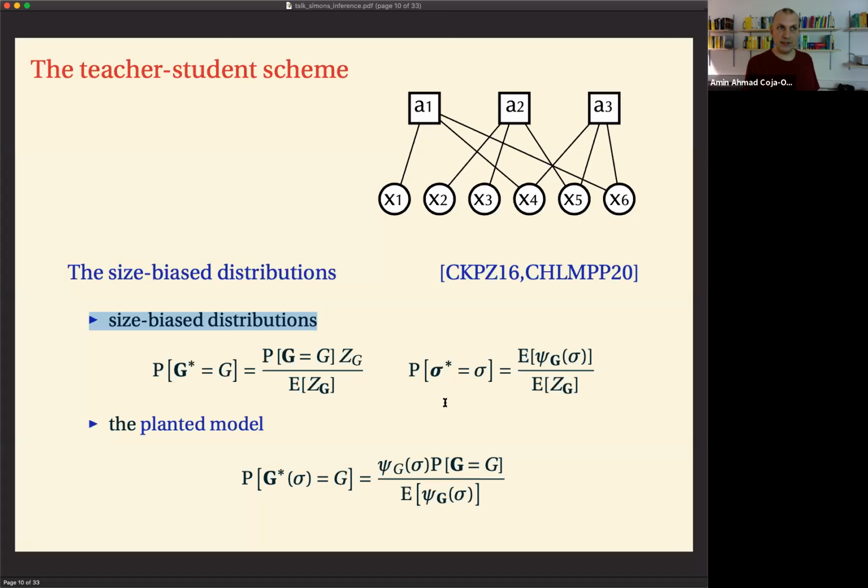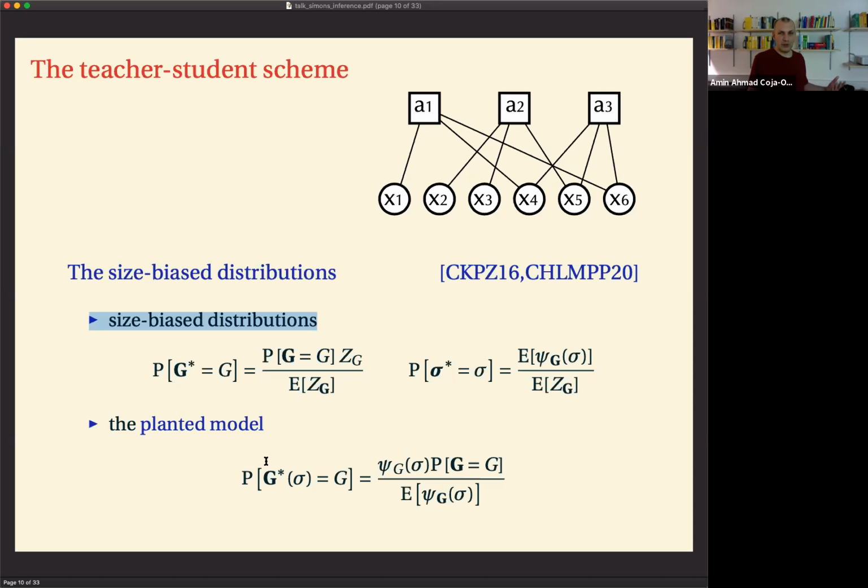similarly for the assignments, for the configurations, the larger the average weight of a specific configuration, the more likely we are to choose that configuration. So the probability of a configuration is proportional to its average weight.